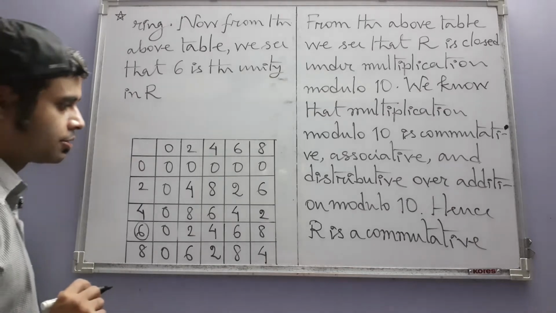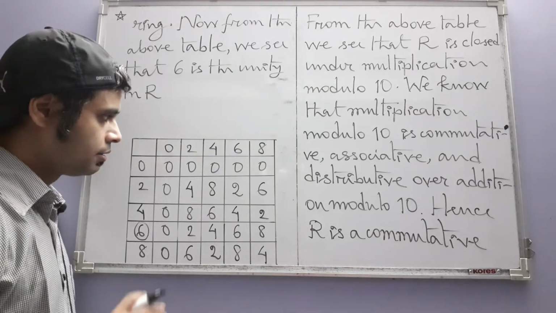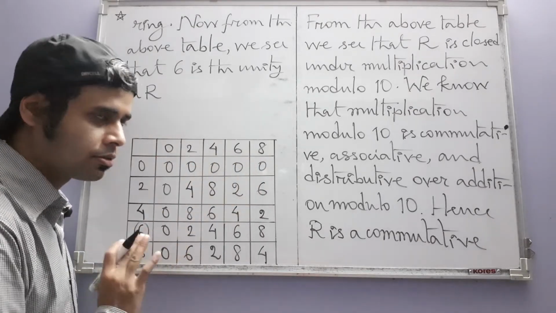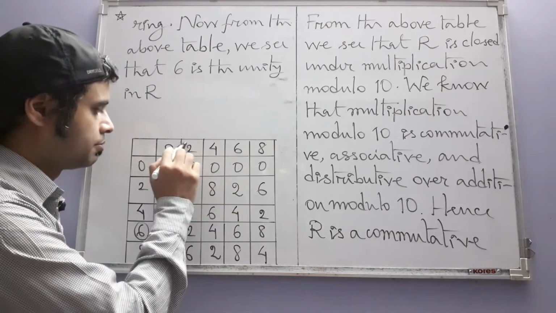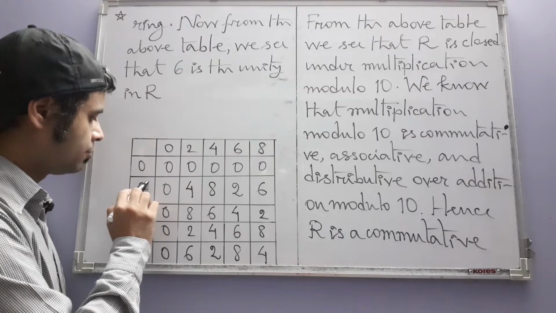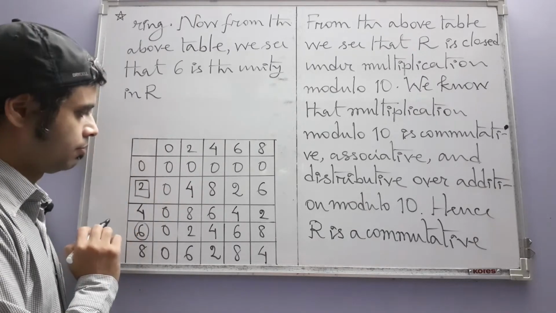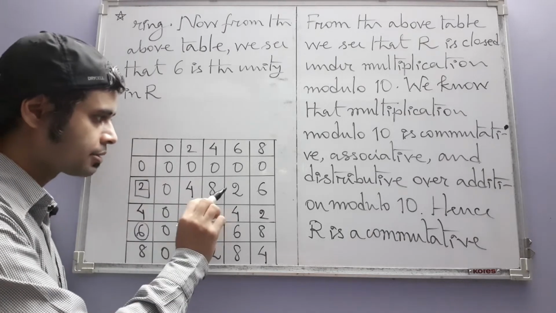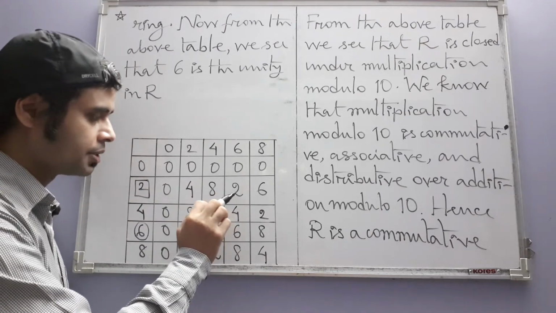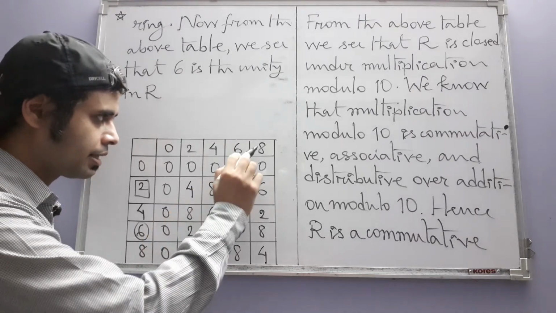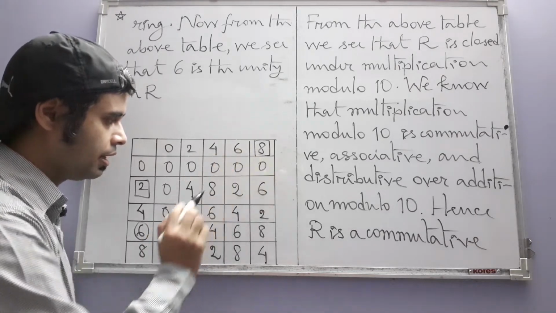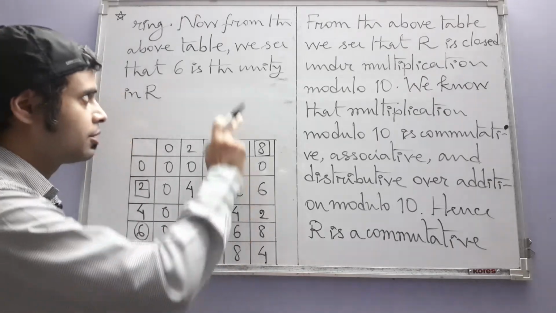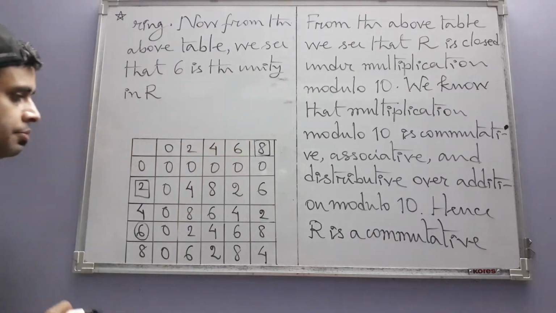And now we need to also see inverses of the non-zero element under this operation. So what will the inverse of 2 be? Something such that when you multiply 2 by that something, you get 6. And that you can see from here is 8. 2 times 8 is 6, because that is our unity.